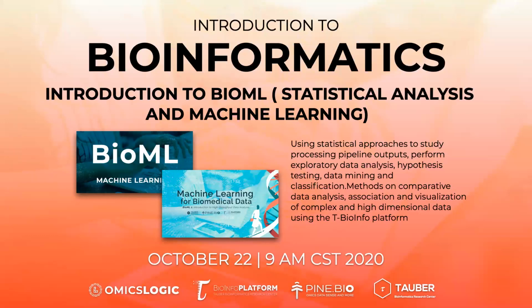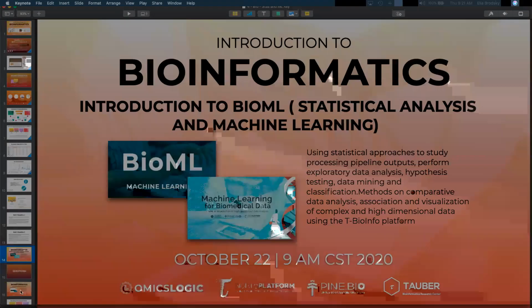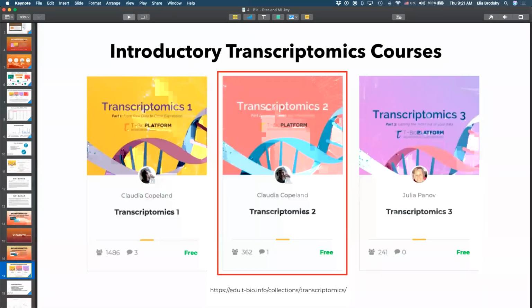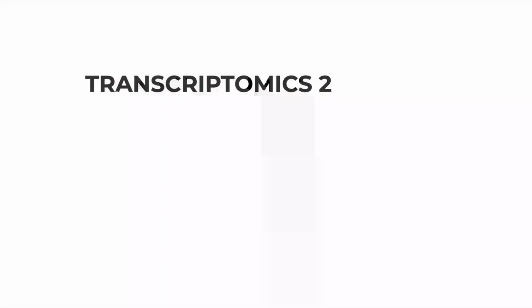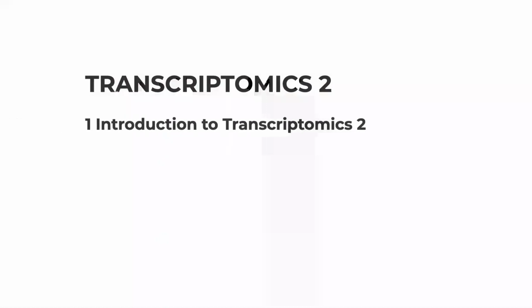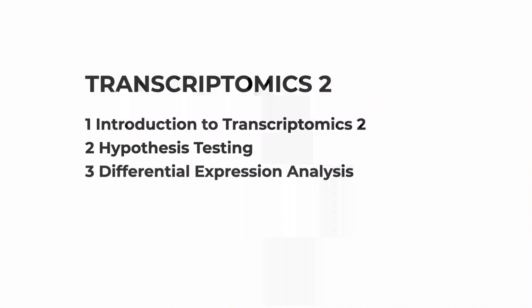So let's talk about this in a little bit more detail. When we talk about these kinds of methods, we are going to be reviewing some of the material that is found in Transcriptomics 2. This course has information about differential gene expression that is based on hypothesis testing. Hypothesis testing means that we have a hypothesis, an idea of what we are expecting to find.